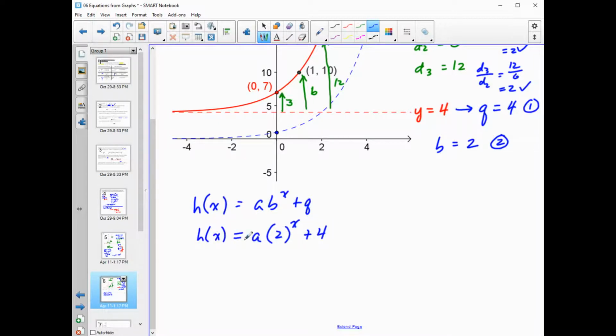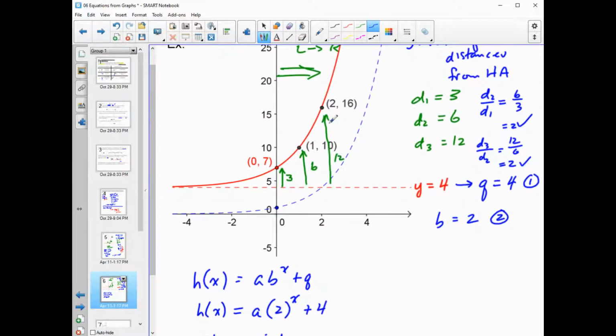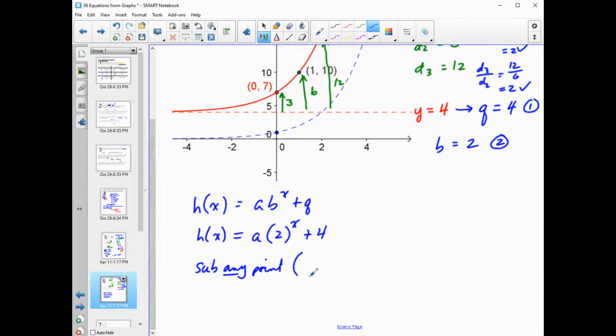And it turns out I could sub any known point to find out what my a value is. I just want to make that clear. I have the y-intercept, so why not use that? But you know what? To illustrate it, I'm going to choose a non-trivial point. So let's choose 2, 16.